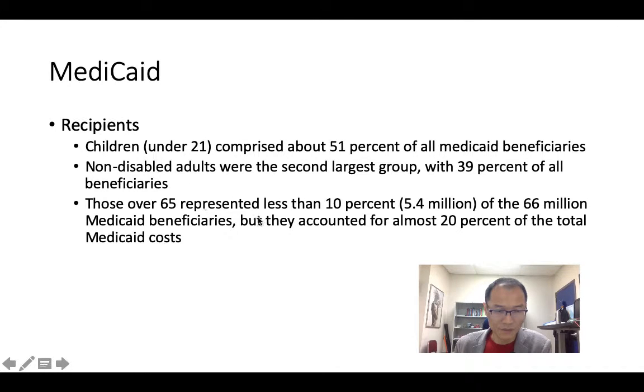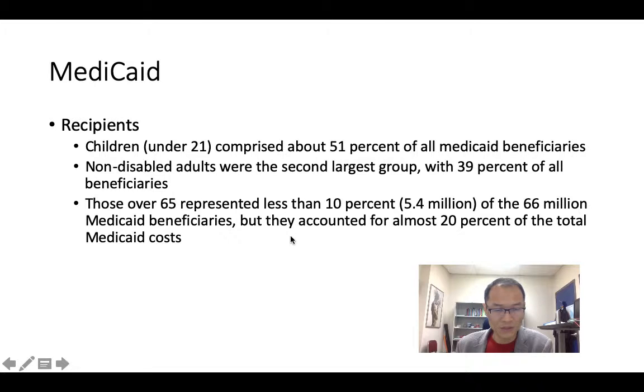So we kind of talk about this part. Other than children, actually non-disabled adults were the second largest group, whether they have kids or not. And there's also people who receive both Medicare and Medicaid.